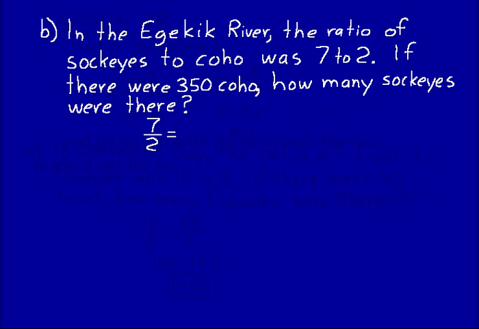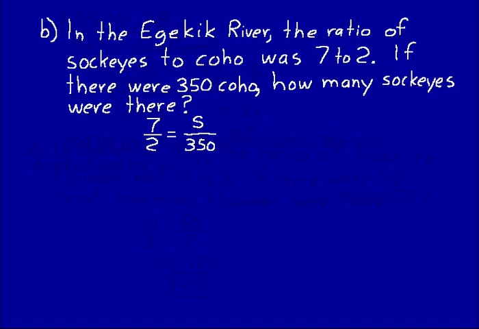We have a ratio of sockeyes to coho. So 350 goes in the denominator here. Make sure that you put things in the right place. The question is how many sockeyes, so we'll just say S for sockeyes. The ratio is sockeyes to coho. That's why we have S over 350, because we were given how many coho there were.